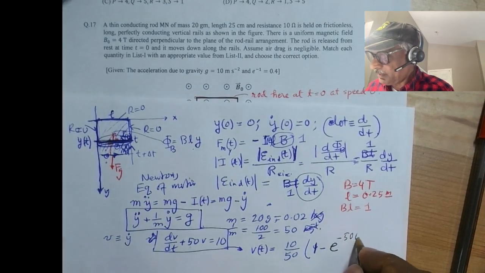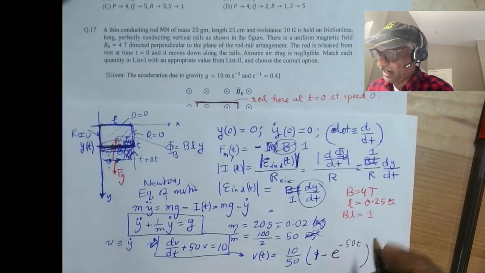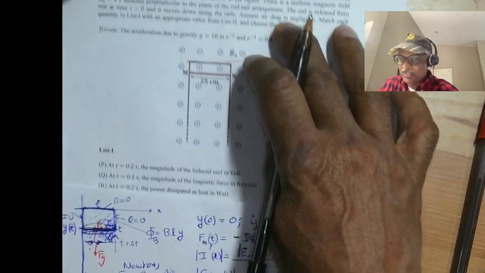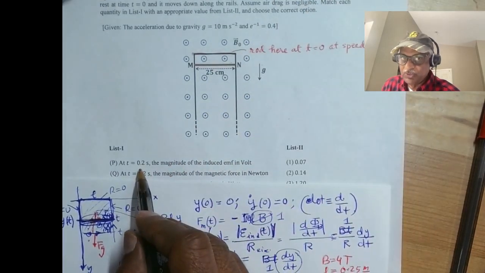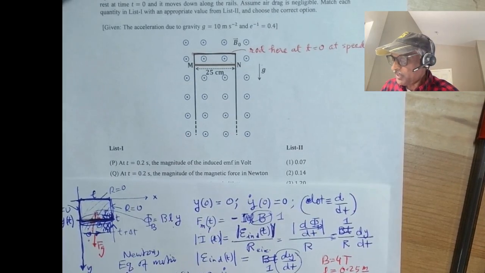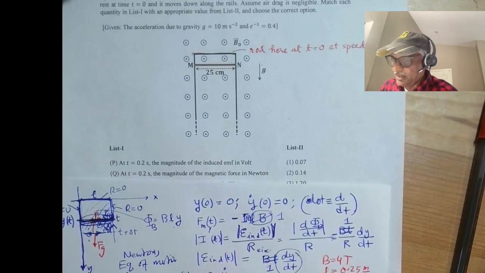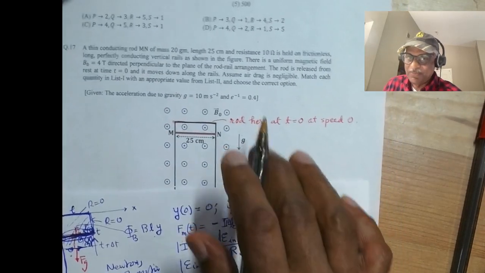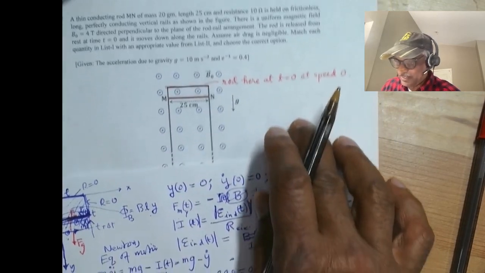It says 50t, but that actually can't be right, because the time given in the question is 0.2. 50 times 0.2 is actually 10, but what's given here is e to the minus 1.